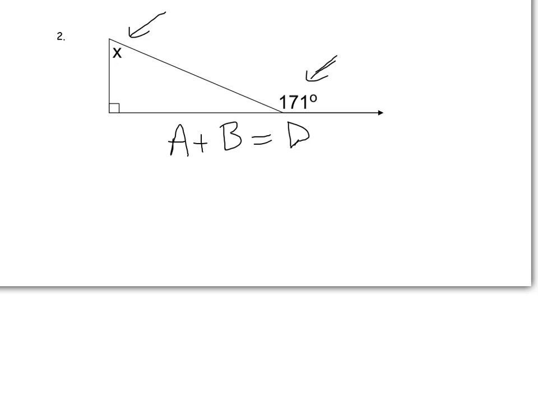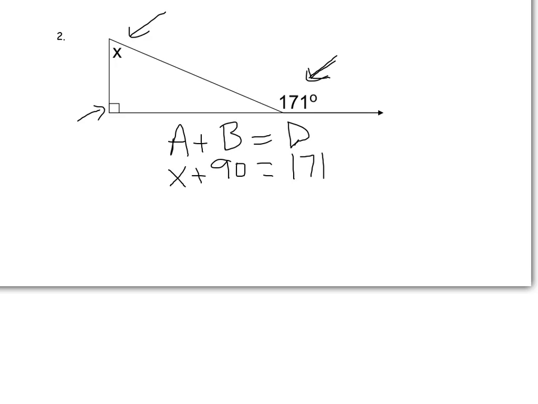I know my exterior angle here is 171, and that goes in the D position. And I actually do know one of my remote interior angles. You can see here that this angle is marked with a right angle, or 90 degrees. So we know X plus 90 will equal 171.